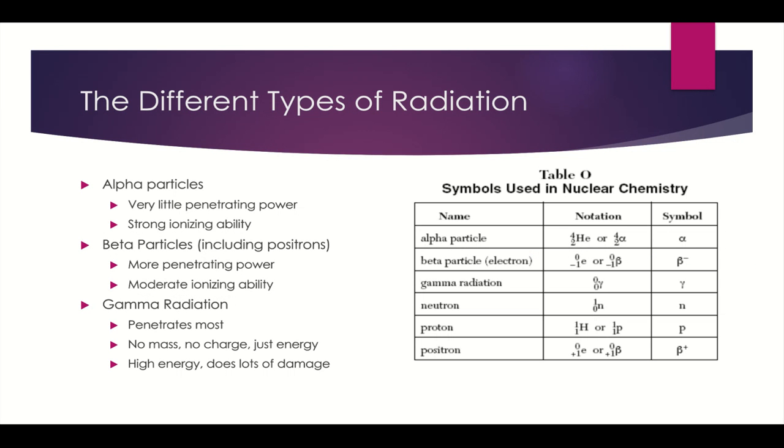So here we go, different types of radiation: alpha particles, beta particles, and gamma radiation. Alpha particles are bigger than any other type of radiation, so they don't go through very much. They're not even going to be able to make it through much of the air. When these get released out of the nucleus, they're going to hit another atom and slow down.